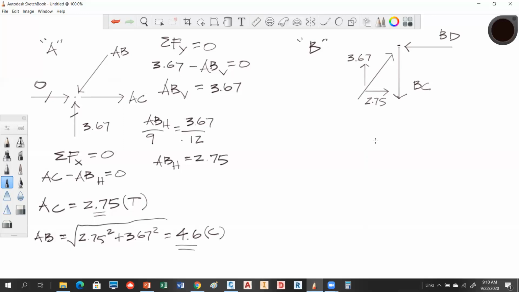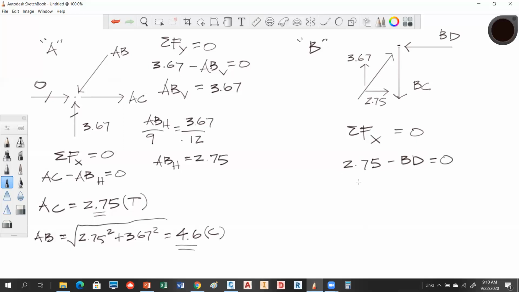We'll get through it. Sum of forces in the X have to equal 0. So what's happening in the X? We've got 2.75 minus member BD, no other forces in the X, right? So that has to be equal to 0 by equilibrium.